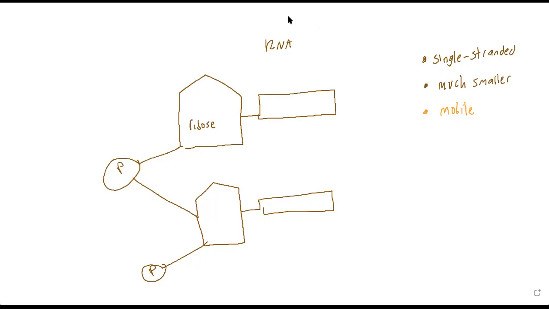But probably the biggest issue is that it doesn't make the base thymine. Instead, thymine is going to turn into uracil. Now, what is the difference? Well, RNA, for whatever reason, doesn't have the thymine base. Instead, it has one that's very similar called uracil. So it's not quite as good as thymine.